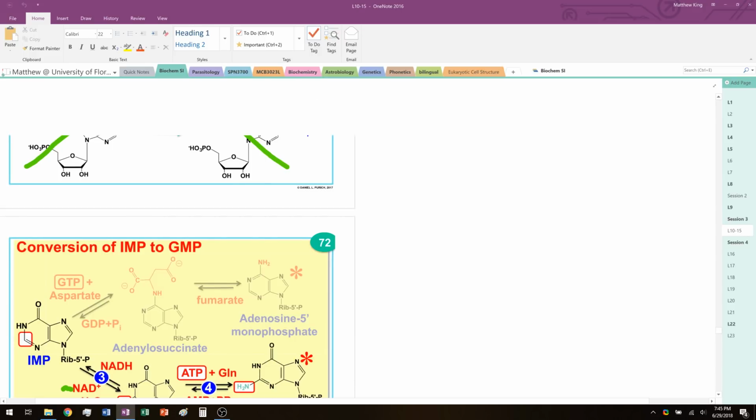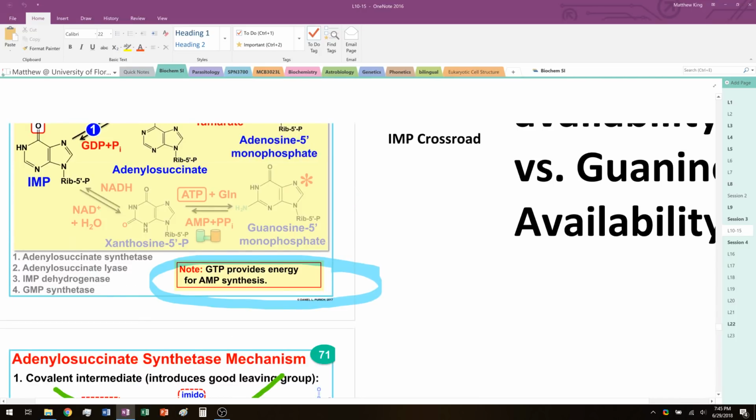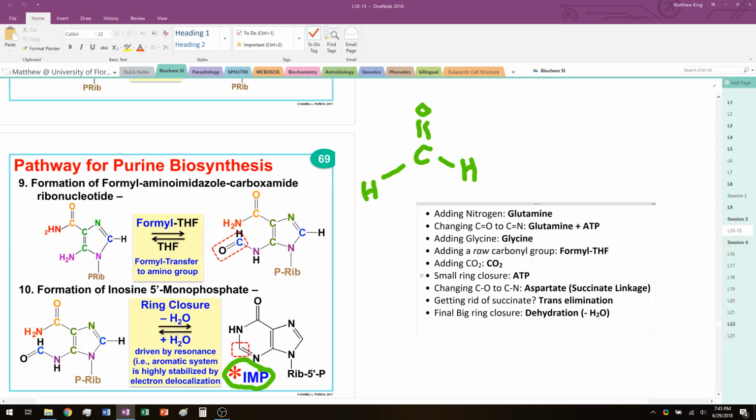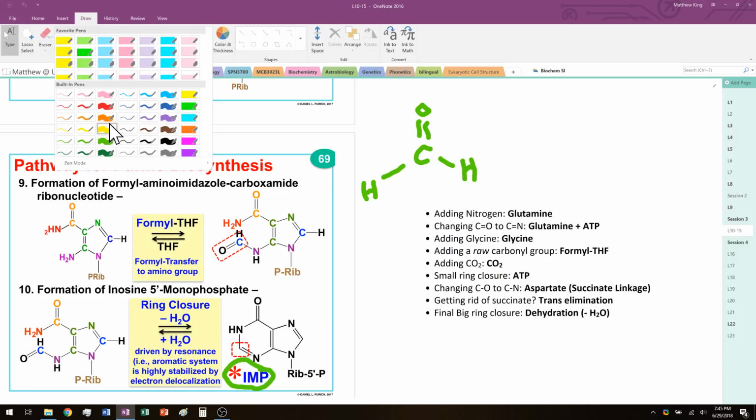However, for the purine biosynthesis, I put this little thing up here. How far up is this? My goodness. Okay, so I put all these words over here to the right. I did this for purine biosynthesis, and I'll let you do it on your own for pyrimidine biosynthesis if you really want to do it this way.